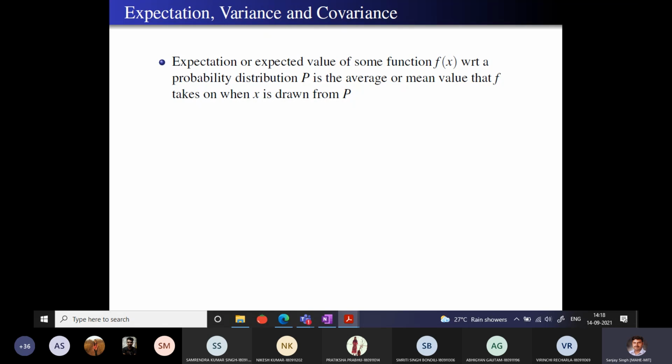There is a quick definition for expectation, variance, and covariance, because these three terms we use often. Expectation is basically the statistical mean. The expected value of some function f(x) with respect to probability distribution P is the average or mean value that f takes on when x is drawn from P. If it is discrete, then we just sum it up, and if it is continuous, then we take the integration.